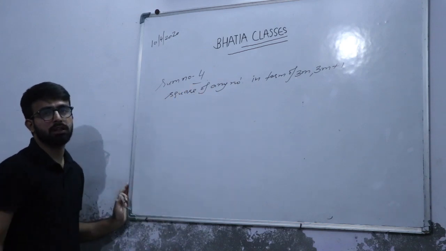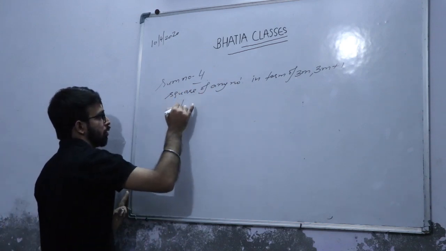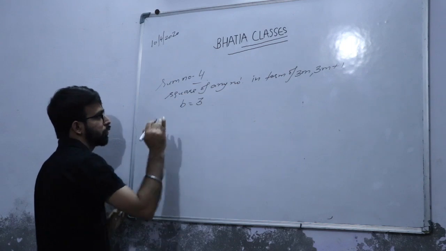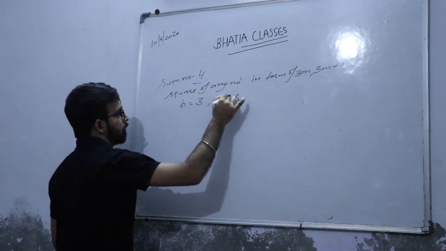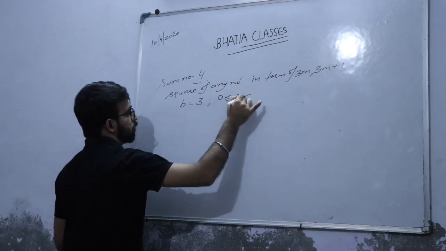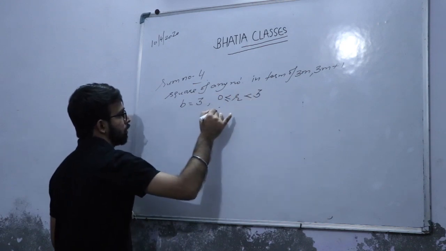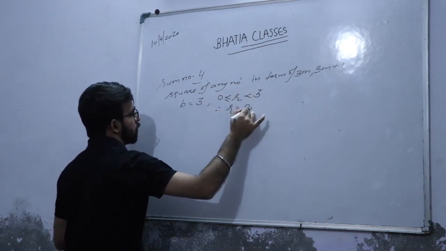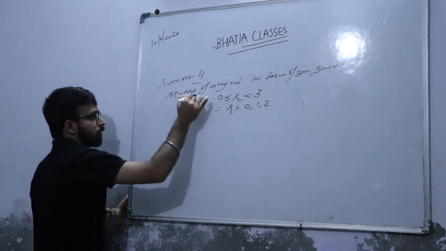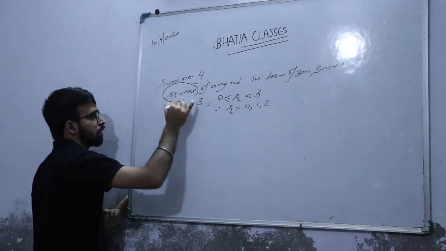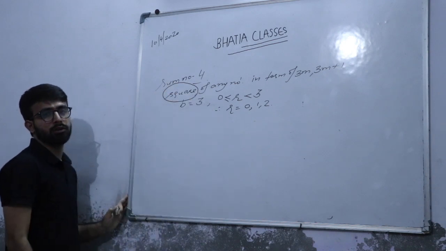Here from the statement you can see that b is equal to 3 and r will vary from 0 to 3. Therefore r is equal to 0, 1, 2. This is the main thing you have to follow in this sum.